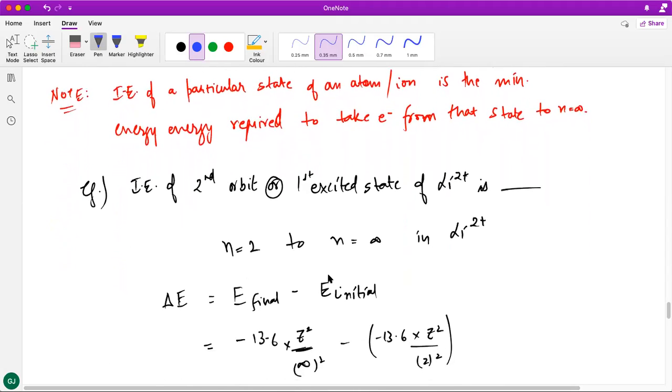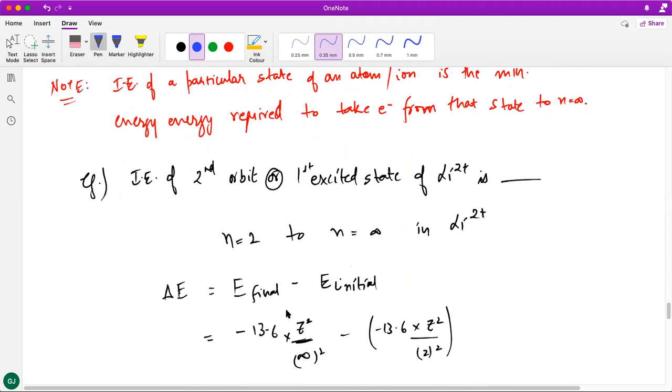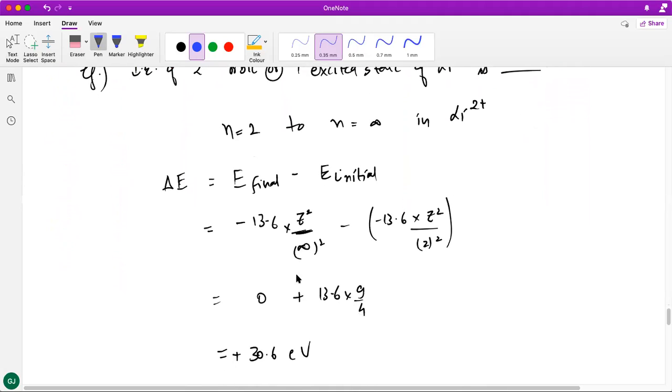n equal to 2 से n equal to infinity जाना ना. So that's it. 30.6 is the correct answer. Z square by n square का फॉर्मूला यूज करना है. ठीक है.